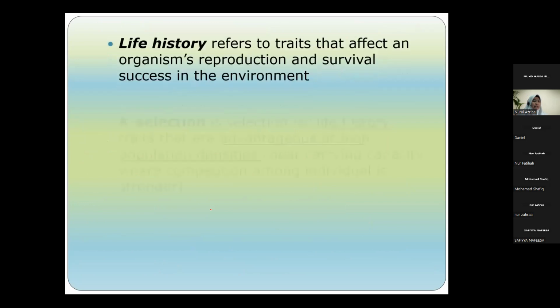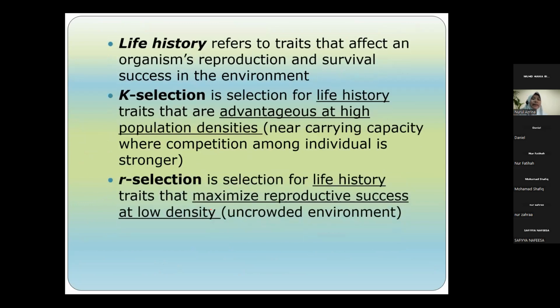Life history refers to traits that affect an organism's reproduction and survival success in its environment. K selection is selection of life history that is advantageous at high population density, near the carrying capacity, where competition among individuals is stronger.